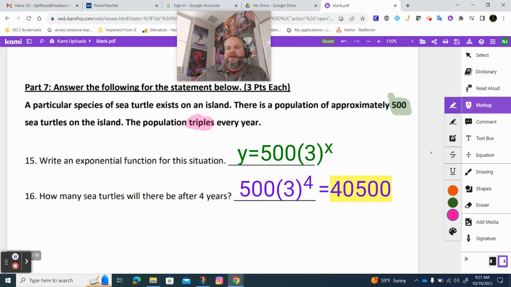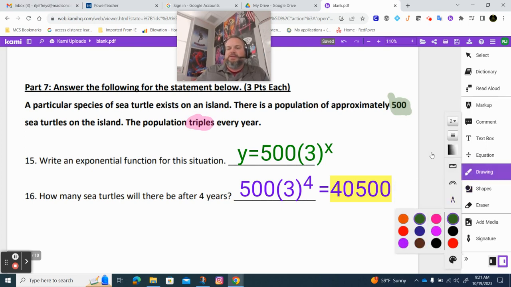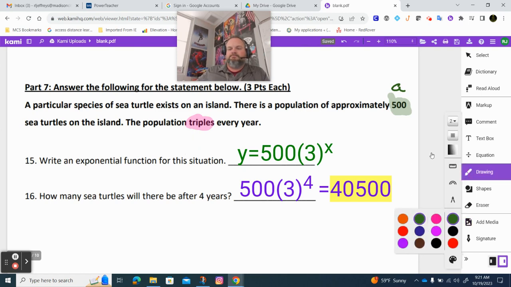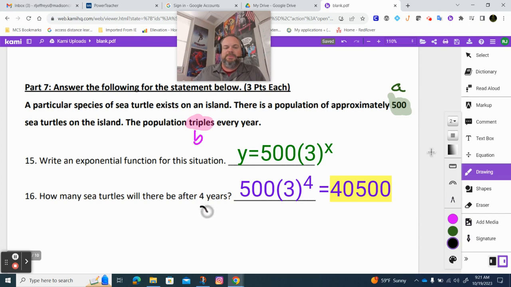So that's why our 500, because this would be our A. This is our B. All right. And then what is it for 4 years? Well, 4 would actually be our X right here. So we just plug that in the calculator. There should be 40,500 turtles. That's a lot of turtles.